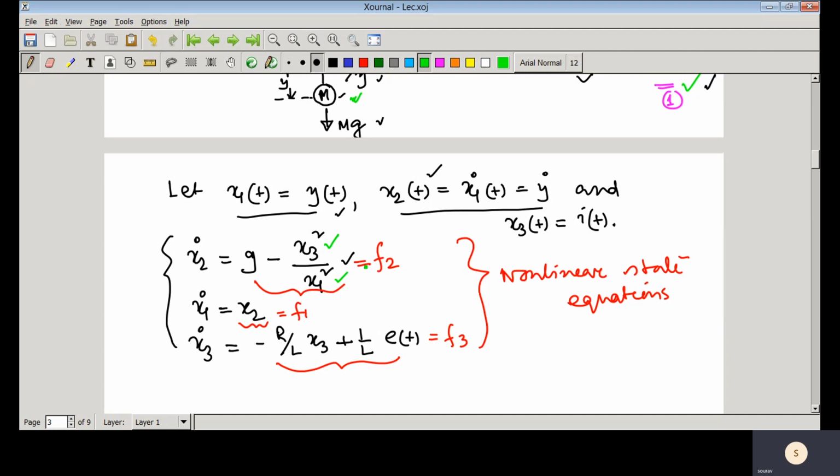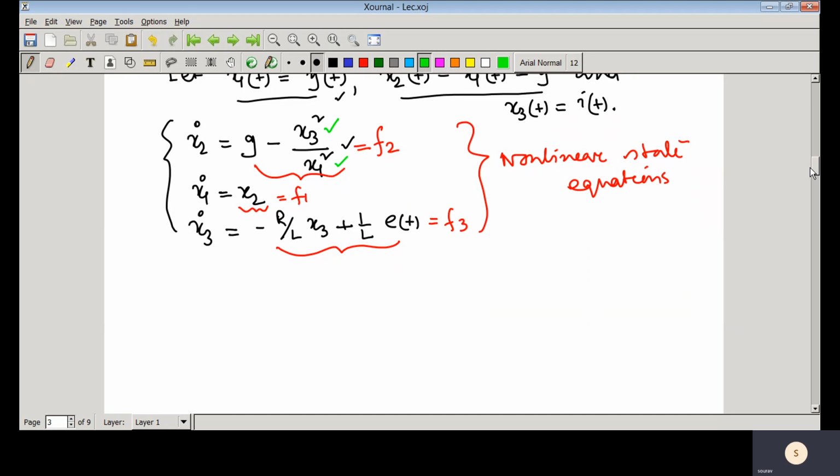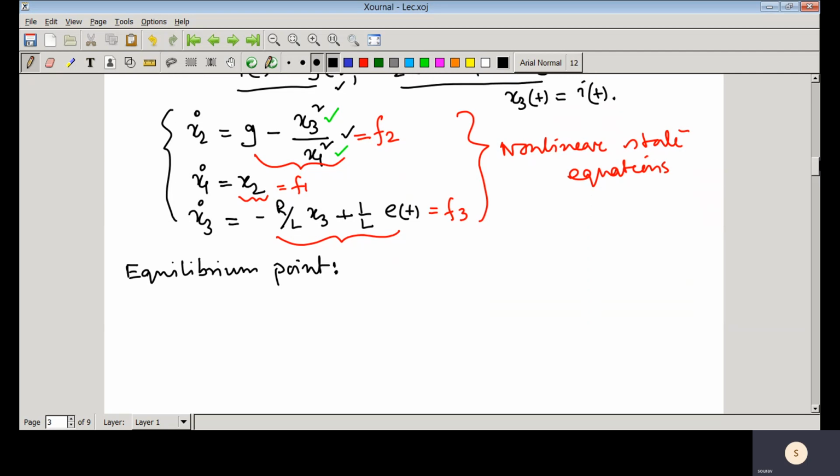Then before applying the linearization technique, we will be finding the equilibrium point, because we will be linearizing the system at the equilibrium point. As you know, for finding the equilibrium point, you need to make x1 dot equal to 0, x2 dot equal to 0, and x3 dot equal to 0.